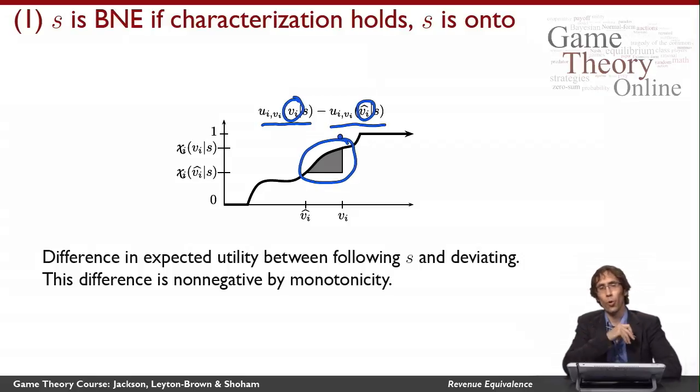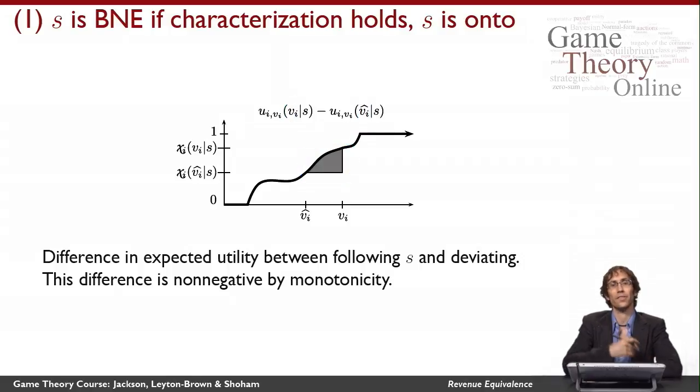And what's important, the thing that we have done all of this in order to reason to ourselves, is that this is a positive number. The fact that it is an actual area in our graph, that it has positive area, goes to show that it's a positive number. Because of monotonicity, the result that made this true is that this point here has to be weakly lower than this point here.